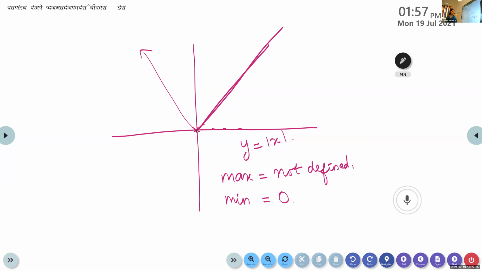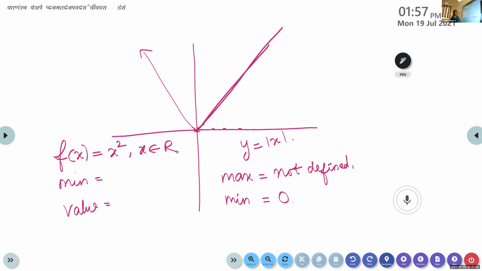Okay, similarly, the next standard function, f of x is equal to x square. What is the minimum value and what is the maximum value? For the function f of x is equal to x square, where x belongs to R, x can take any real number.